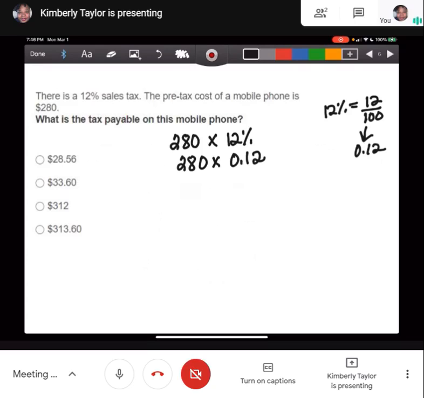So to calculate this sales tax, it would be 280 times 12%, or 0.12, and you get $33.60. And there's our answer. All right, let's keep going.